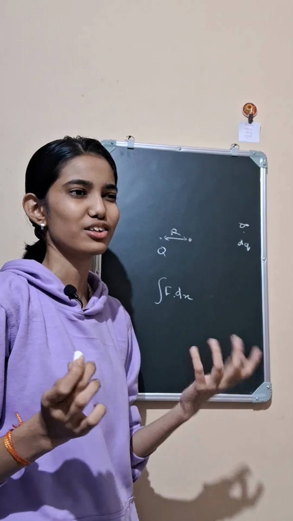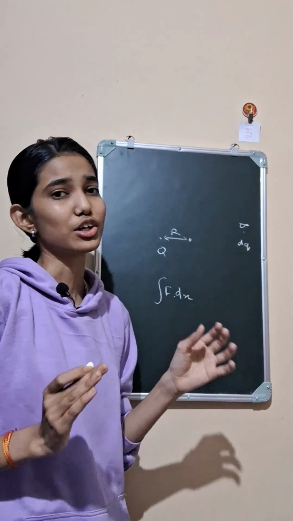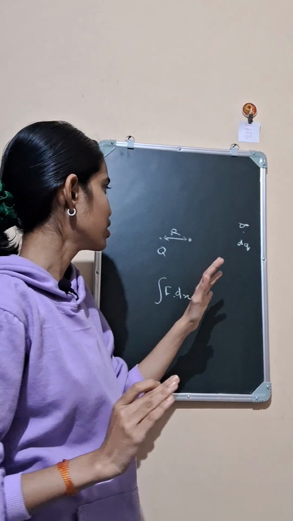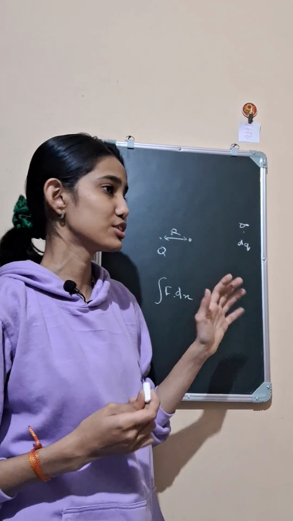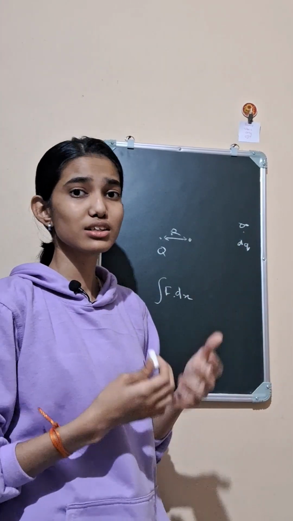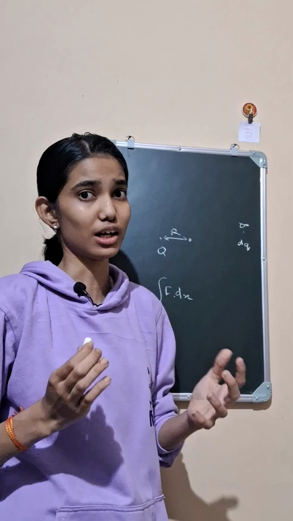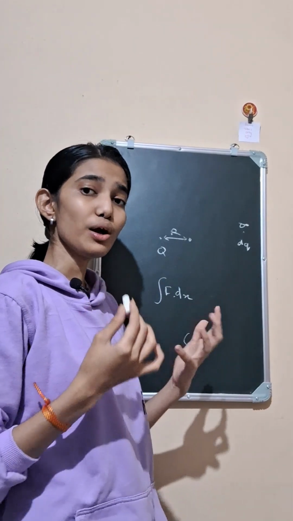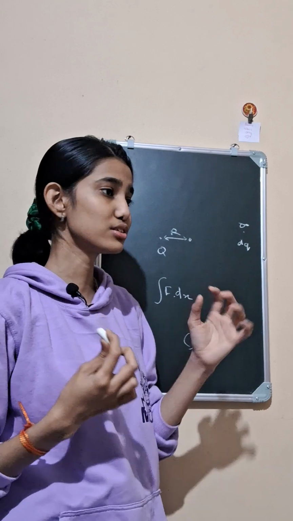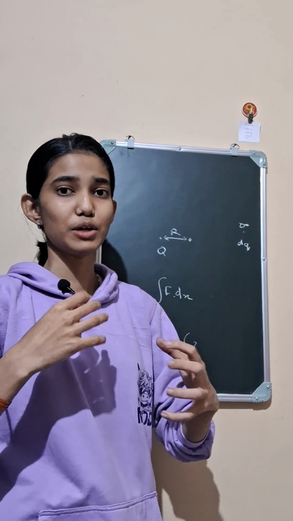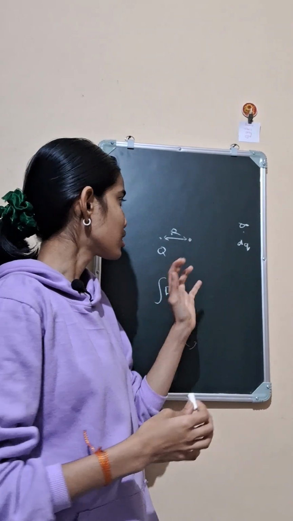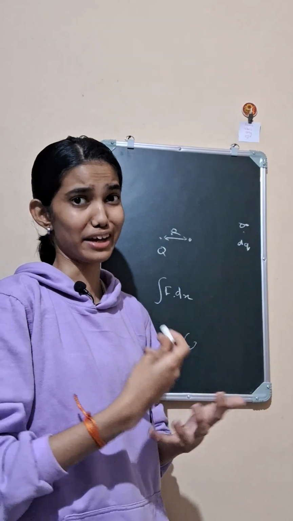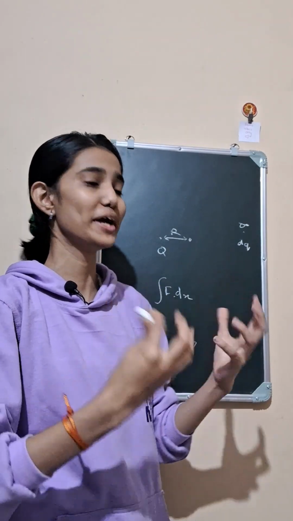For air there is some permittivity, but for vacuum it is 1. So in this case we are calculating this for vacuum. We know that the gravitational constant is universal, that's why it is just a simple G. But for charges there is a permittivity, that's why the constant varies with medium.